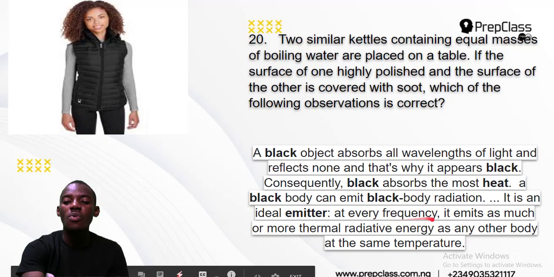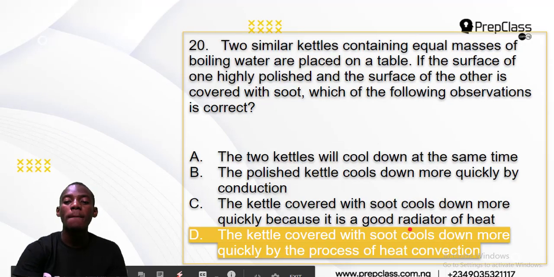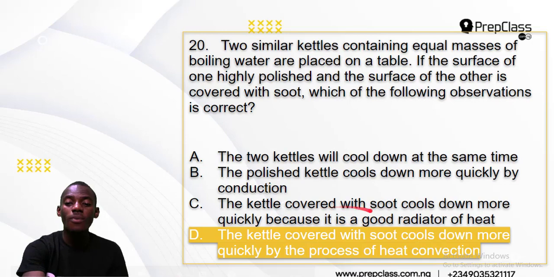At every frequency, it emits as much or more thermal radiation energy as any other body at the same temperature. So it emits more heat. So the kettle covered with soot cools down more quickly by the process of heat convection. Okay, now that's actually not the best answer to that question. The best answer is C. The kettle covered with soot cools down more quickly because it is a good radiator of heat.